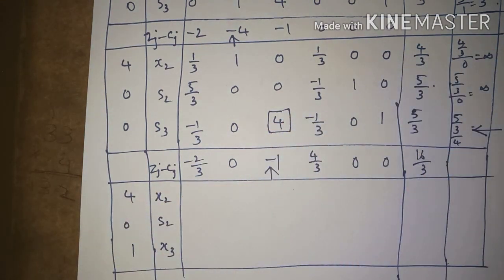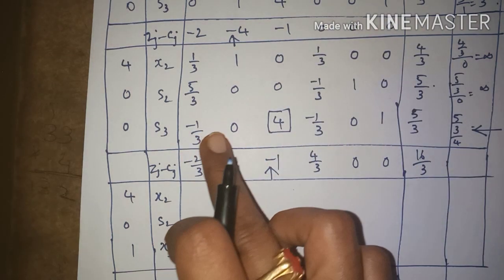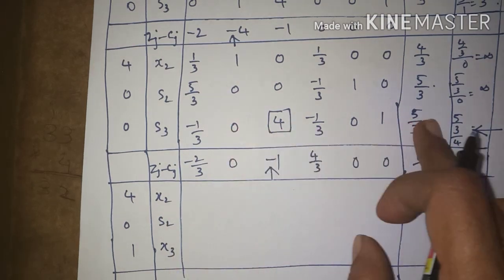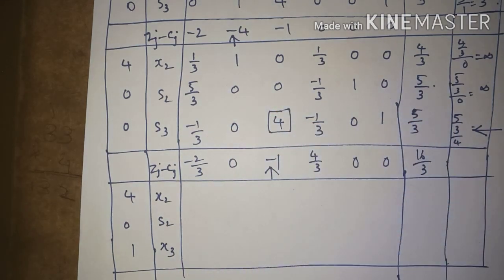What we have to do with that pivot element? We have to convert the pivot element into 1 and the elements above it into zeros. Already the above two elements are zeros. First we convert the pivot element into 1, that means we divide the complete row by 4. You will get 1 there.